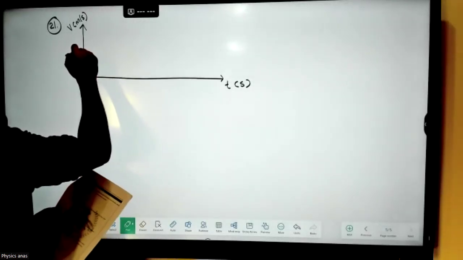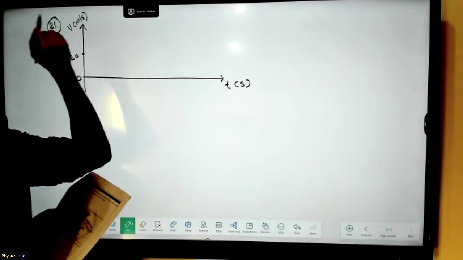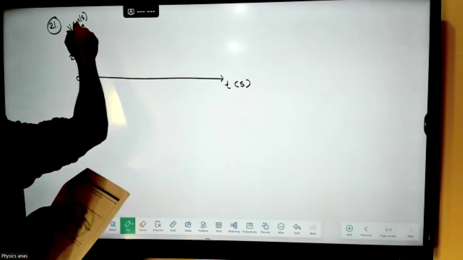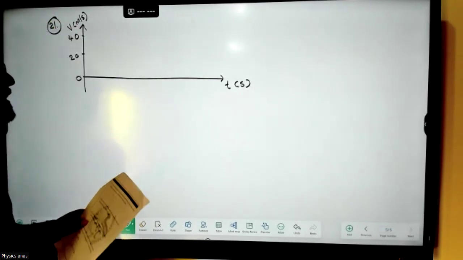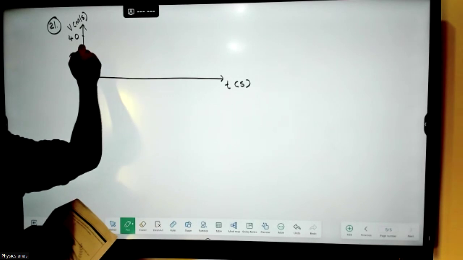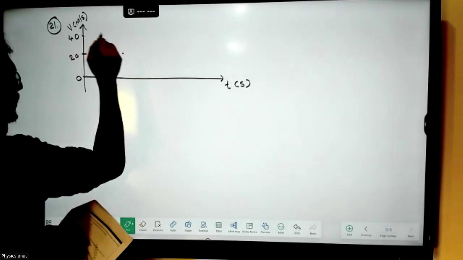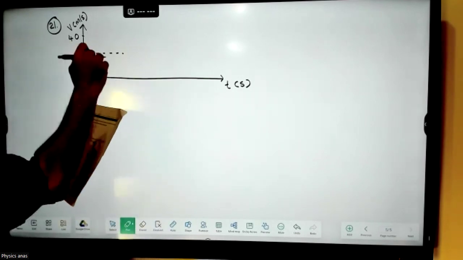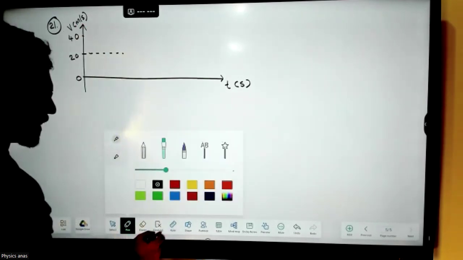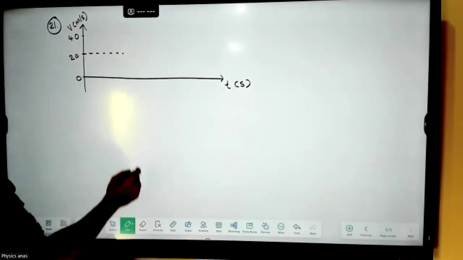And you have a point here, 20, and another point here, 40. You can extend this 20 parallel to the time axis. And the graph starts from 40.